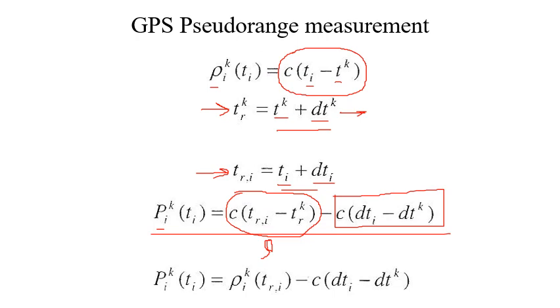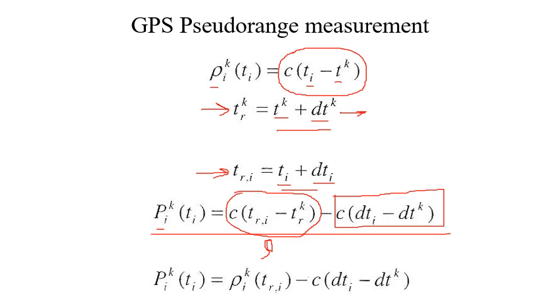That's why I cannot talk about the pure geometrical range or distance, and that's why it is denoted as pseudo-range. The pseudo-ranges are measured because the satellites and the receivers do not have ideal or perfect clocks.